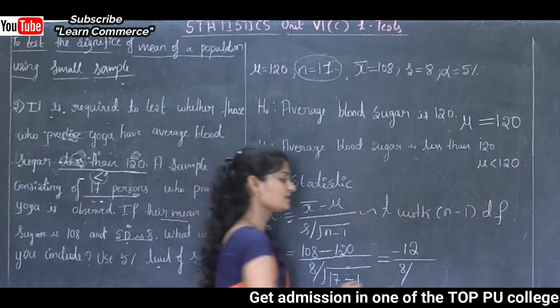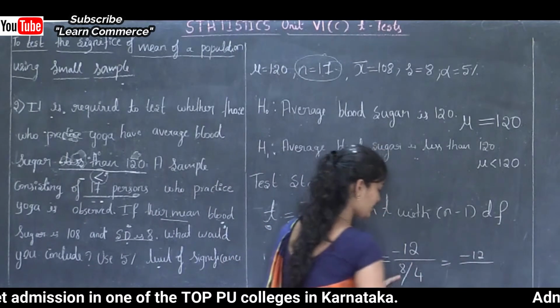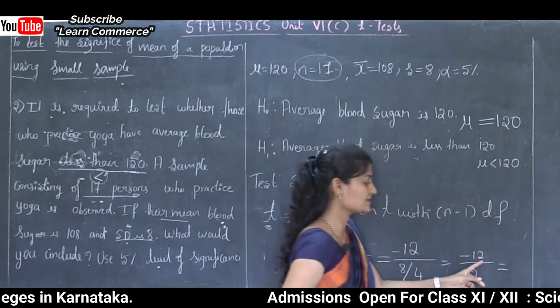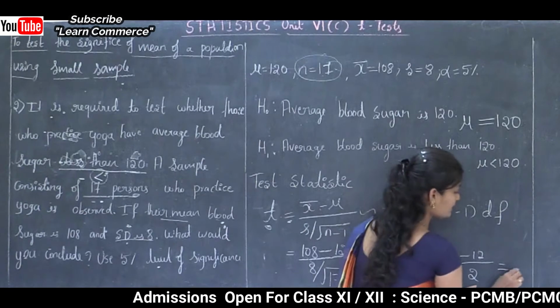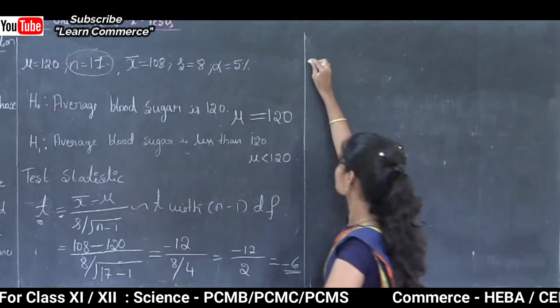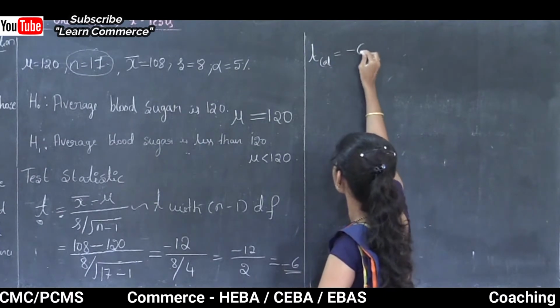Square root of 16 is 4. So minus 12 divided by 8 divided by 4, which is 2. So minus 12 divided by 2 is minus 6. Here the calculated value is minus 6, that is T calculated is minus 6.